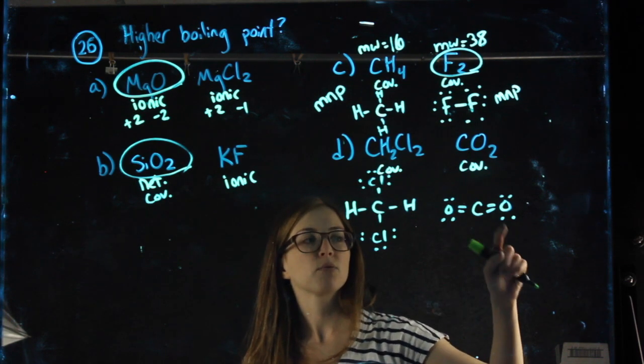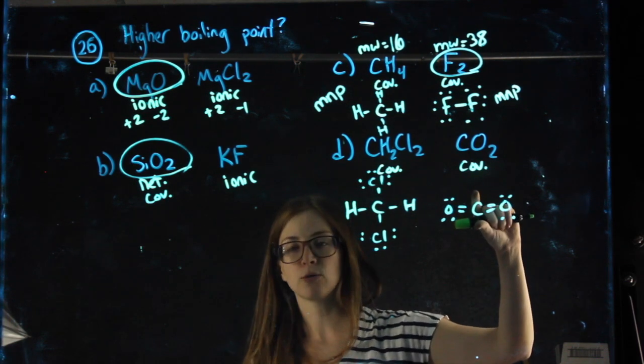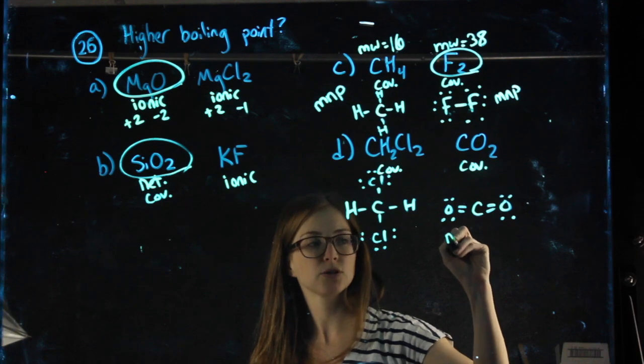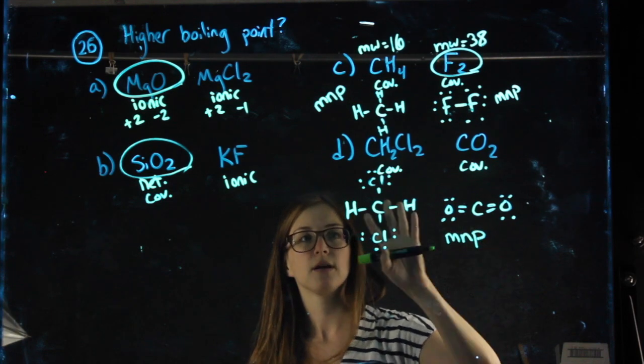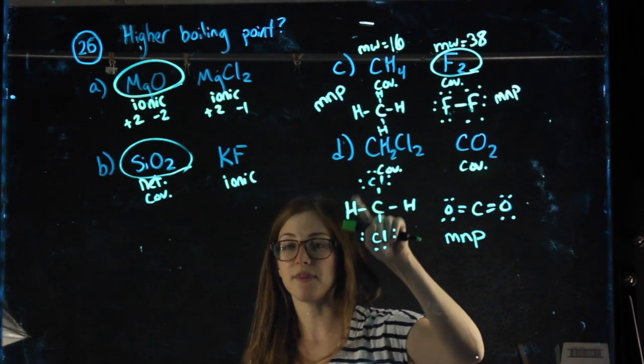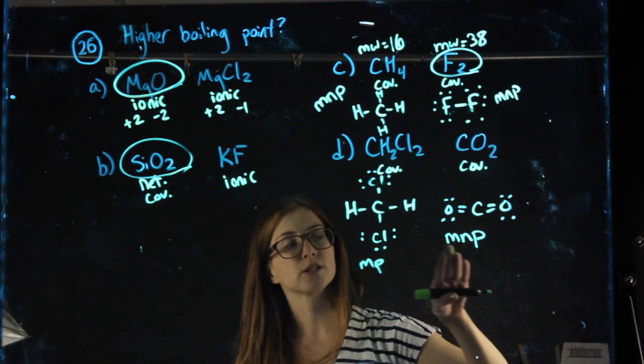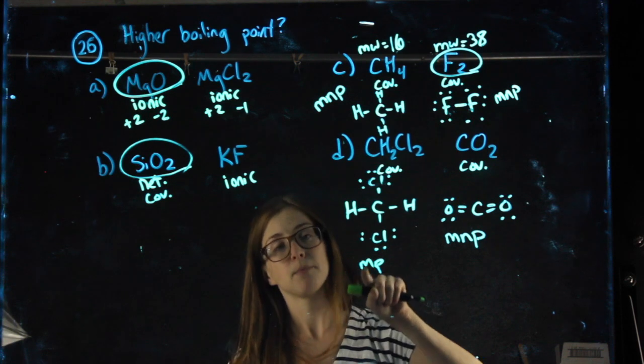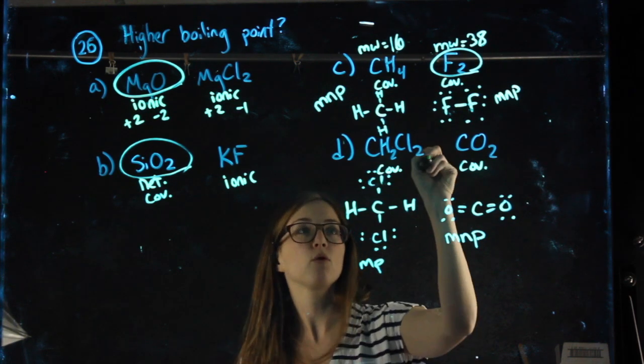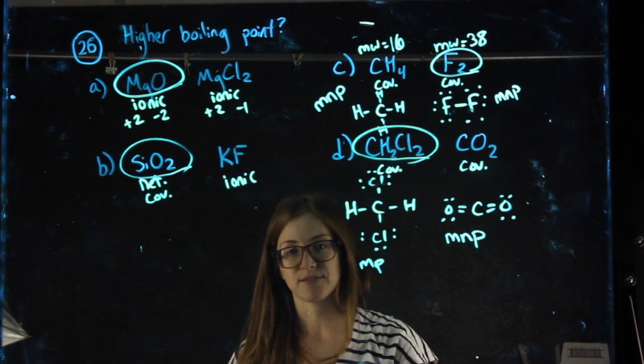This one, peripheral atoms are the same, no lone pairs on the central atom, so this is molecular nonpolar. This one, the peripheral atoms are not the same, so this is polar. Therefore, just because now these are different types, molecular polar is stronger than nonpolar, so that will have the higher boiling point.